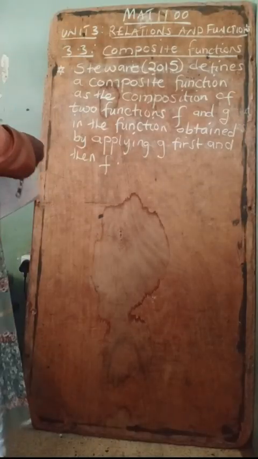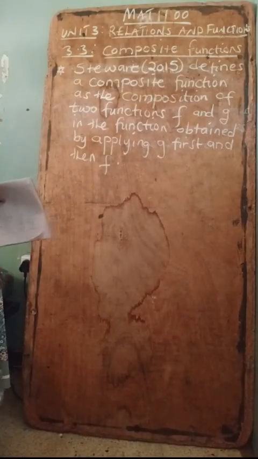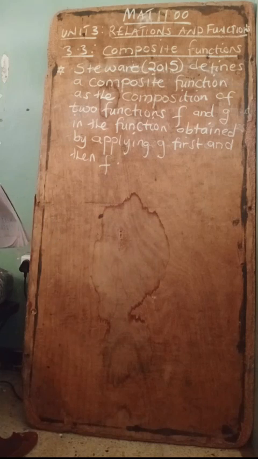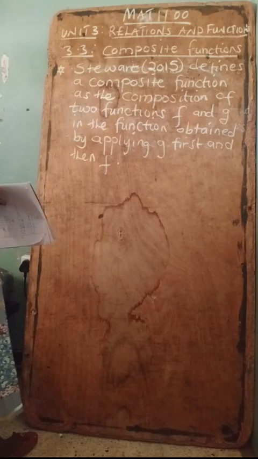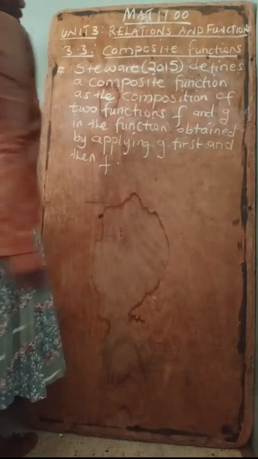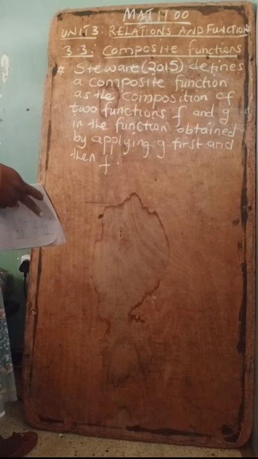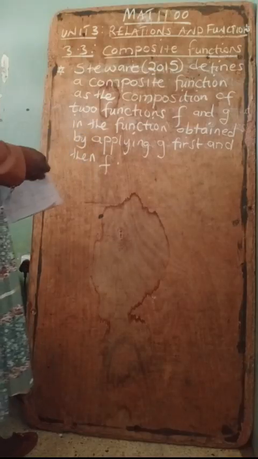Okay, so what do we mean by this? Stewart here is saying that there are two functions, a function f and a function g. When these two functions are put together, they form a composite function, composite in the sense that there are two merged functions here.